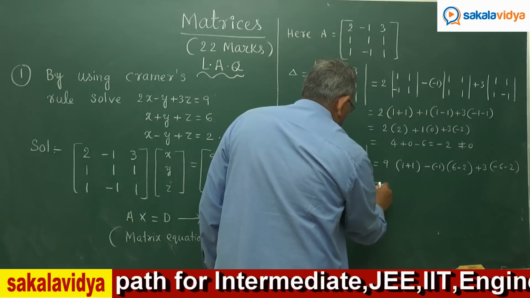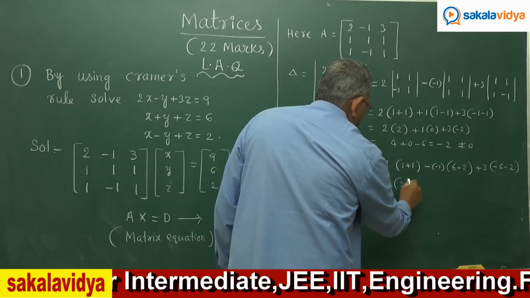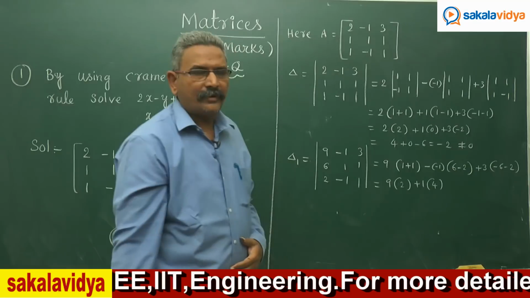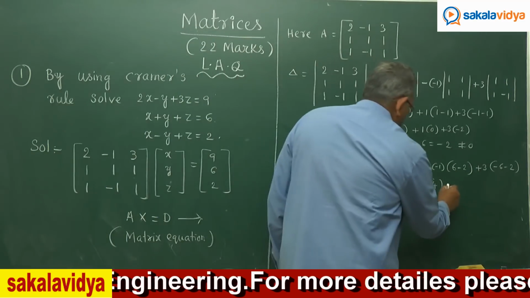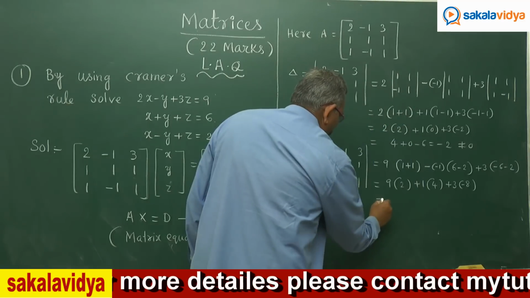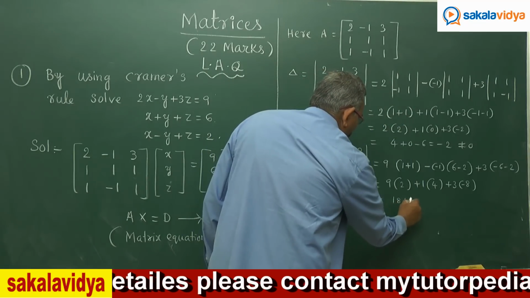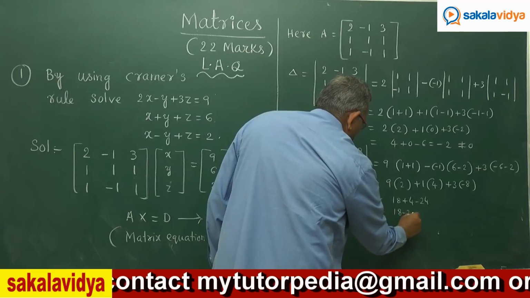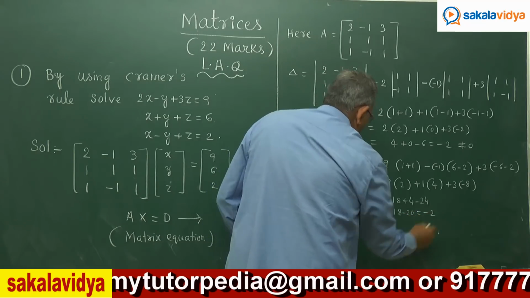So, this equals 9 times 2 plus 1 times 4, correct, plus 3 times minus 8. So, now 18 plus 4 minus 24. So, 18 minus 20, that is minus 2. This is delta 1.